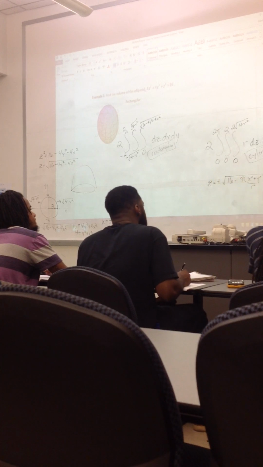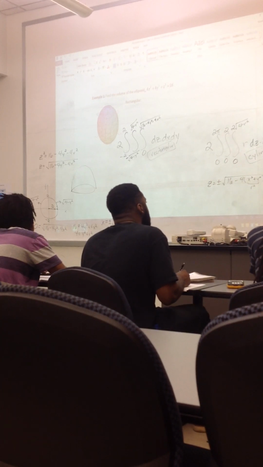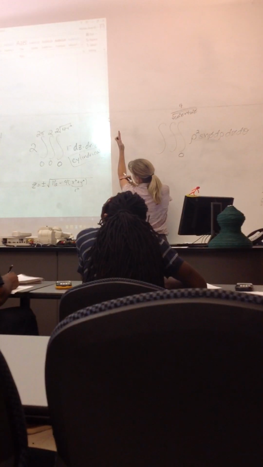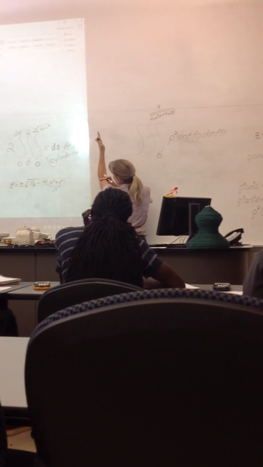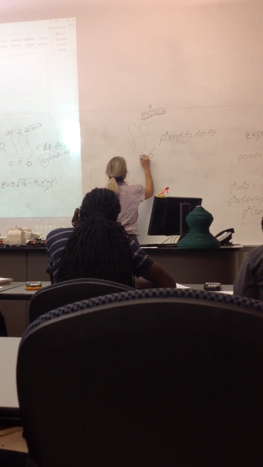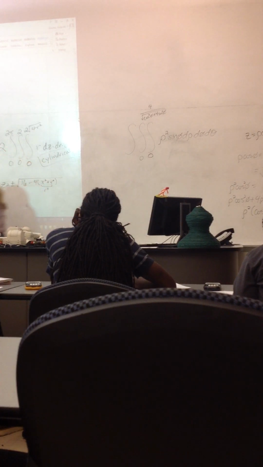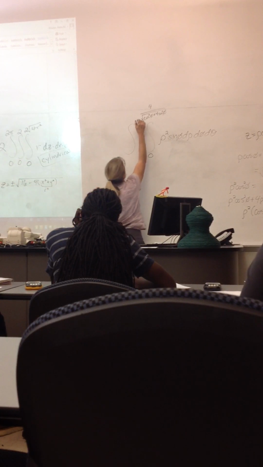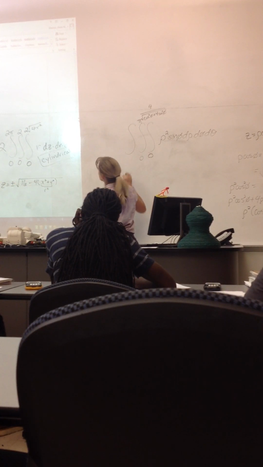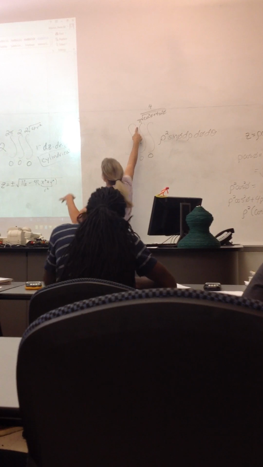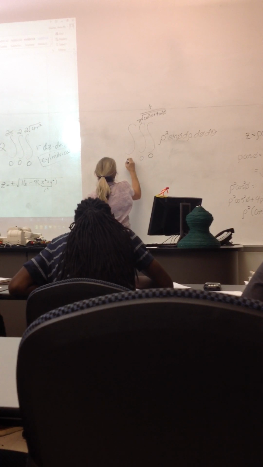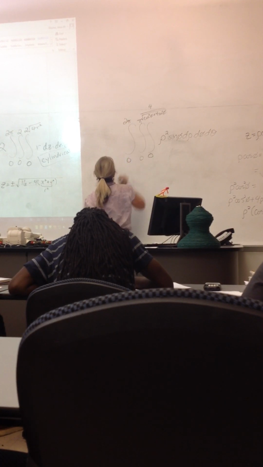So at the positive z-axis, phi is 0. If I keep rotating until I get to the bottom of the ellipsoid, phi would be pi. I would rotate a half circle. And then theta would go 0 to 2 pi.